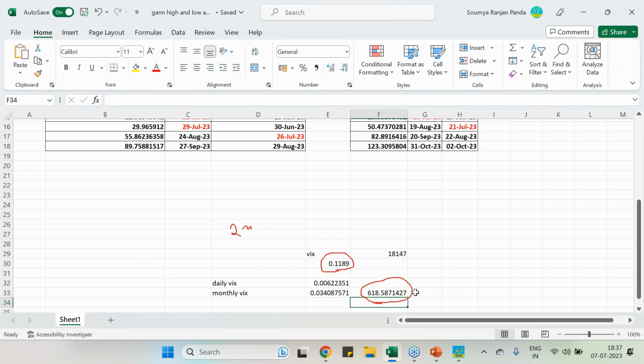There is 620 points of movement expected.